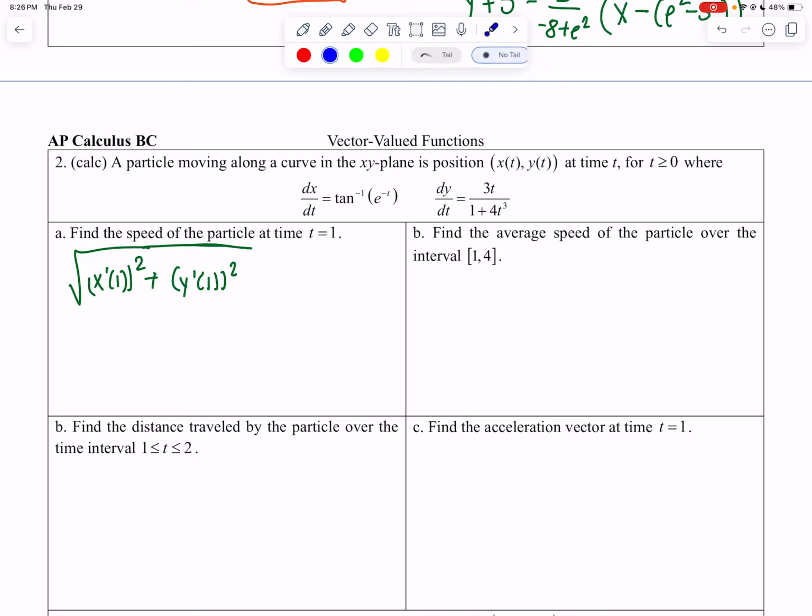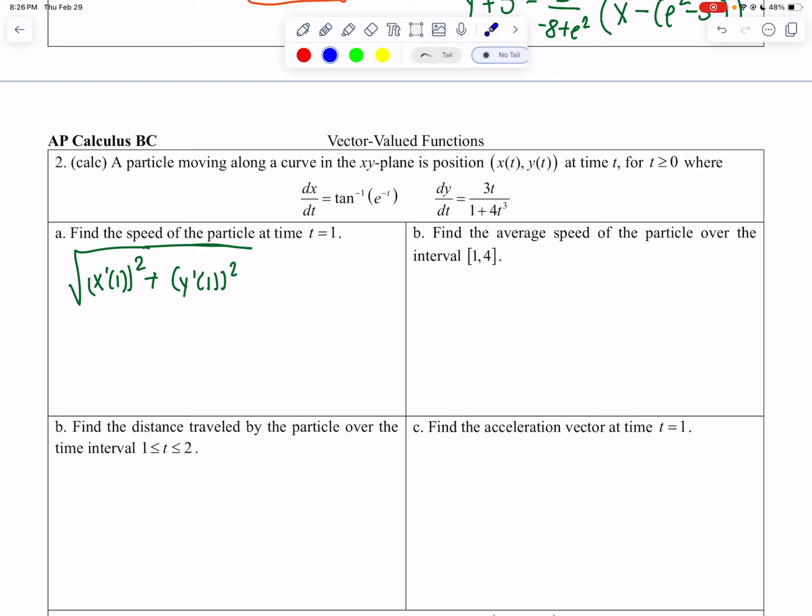Okay, so because the curve is at position 2, 5, that means that t is equal to 1. So whenever I'm finding the slope, I'm technically doing dy/dx at t equal to 1. And remember that dy/dx is going to be the same thing as dy/dt over dx/dt at time t is equal to 1.